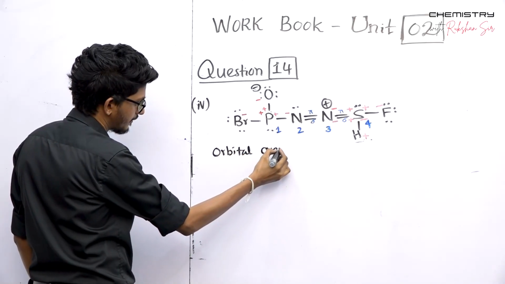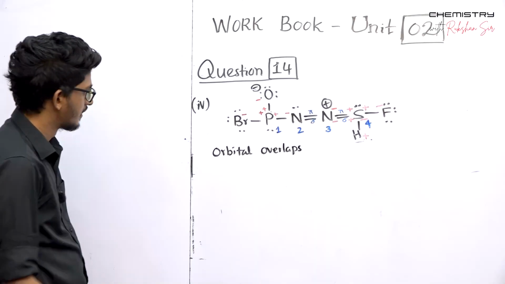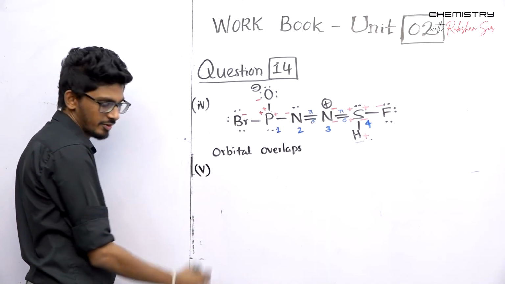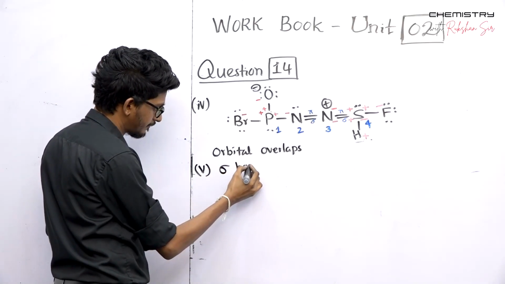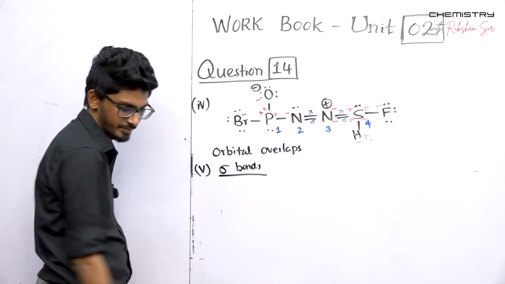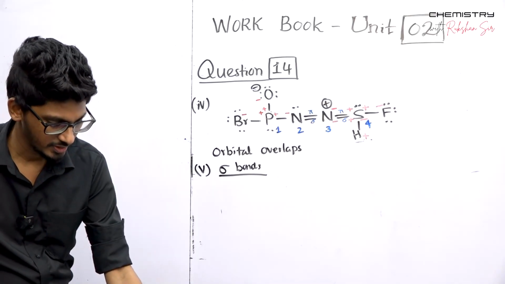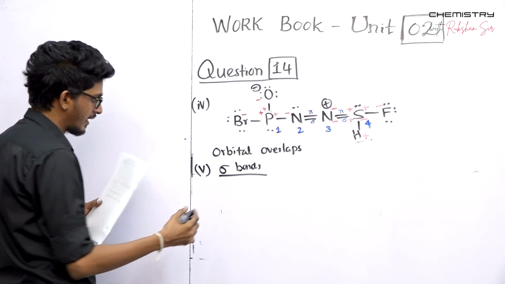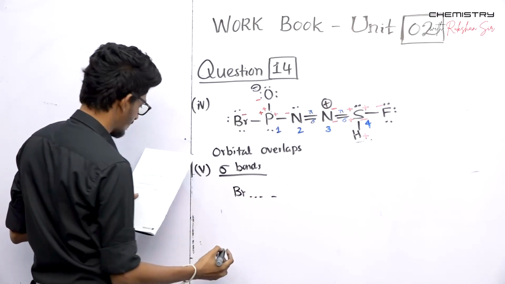Orbital overlaps of the sigma bonds as well as pi bonds. First is about sigma bonds. So you have some bonds appearing there, no? Bromine and phosphorus, that bond.